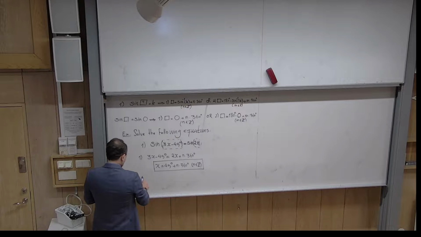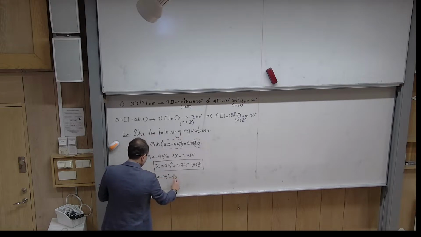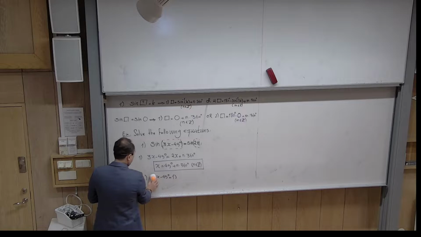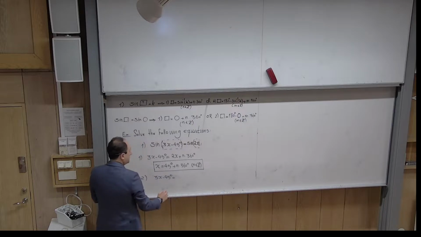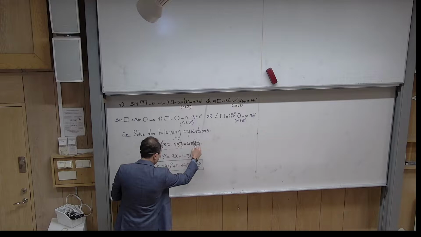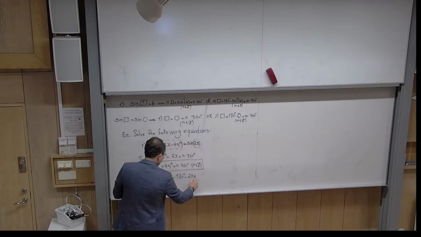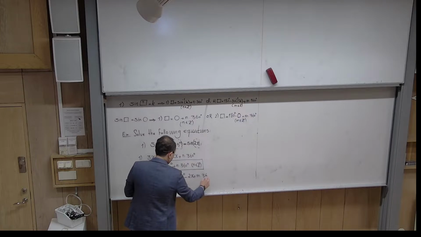So number 2, what is inside the box is equal to 180 minus what is inside the circle plus m times 360 degrees.